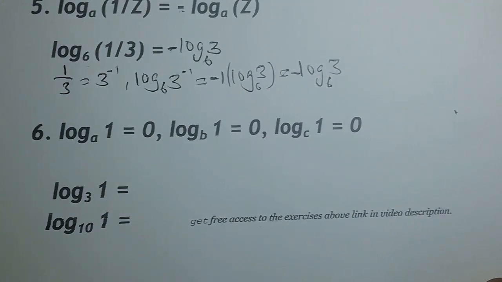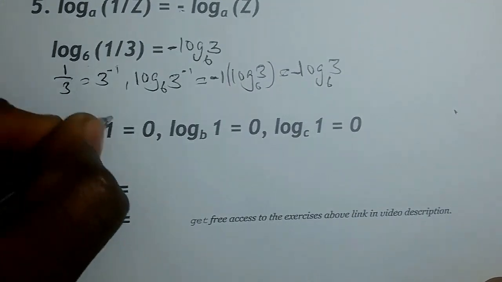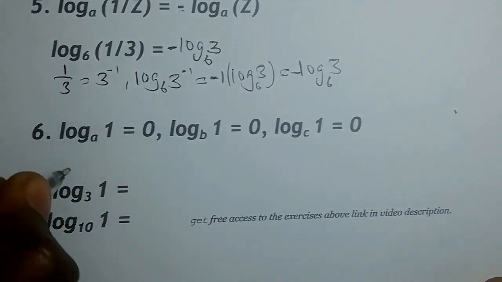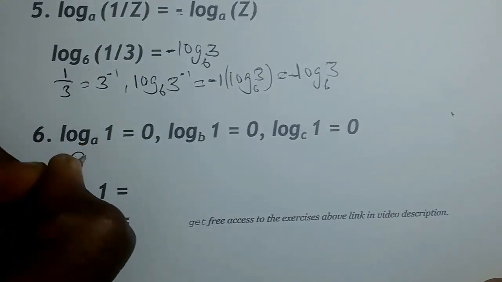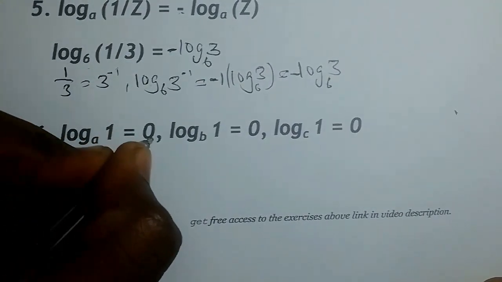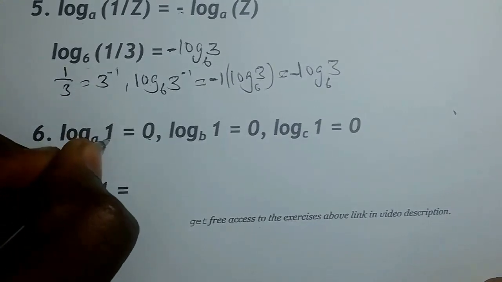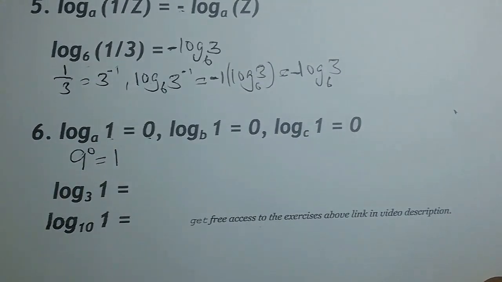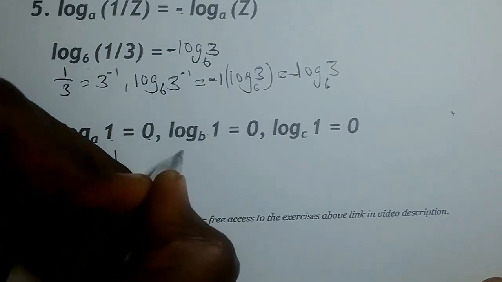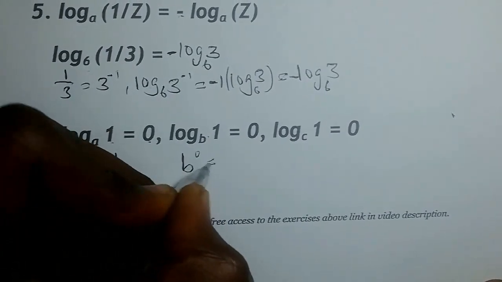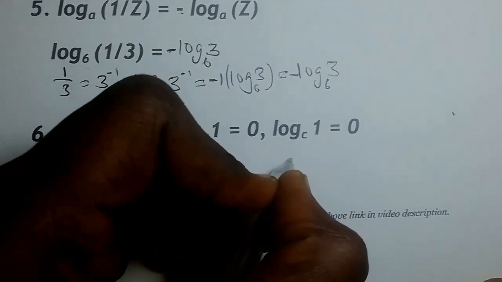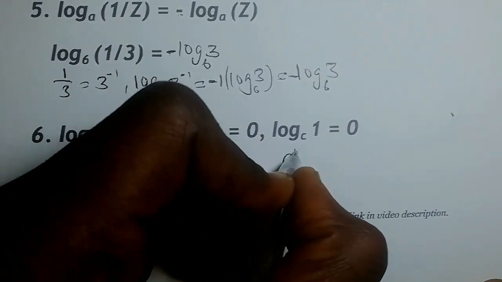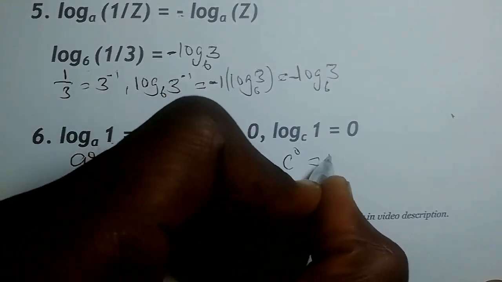It makes sense also because writing this in its index form, we get a power the number on the opposite side, that's 0, equals 1. Any number power 0 is 1. Also b power 0 is equal to 1, and c power 0 is equal to 1 also.